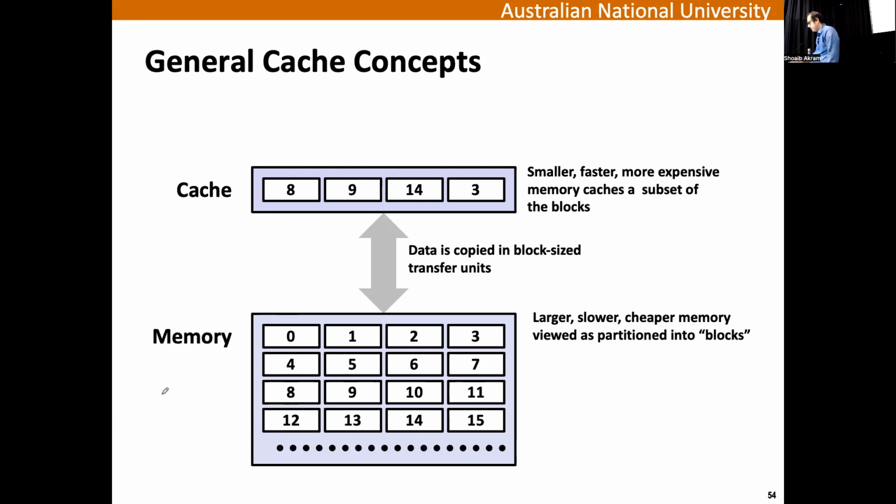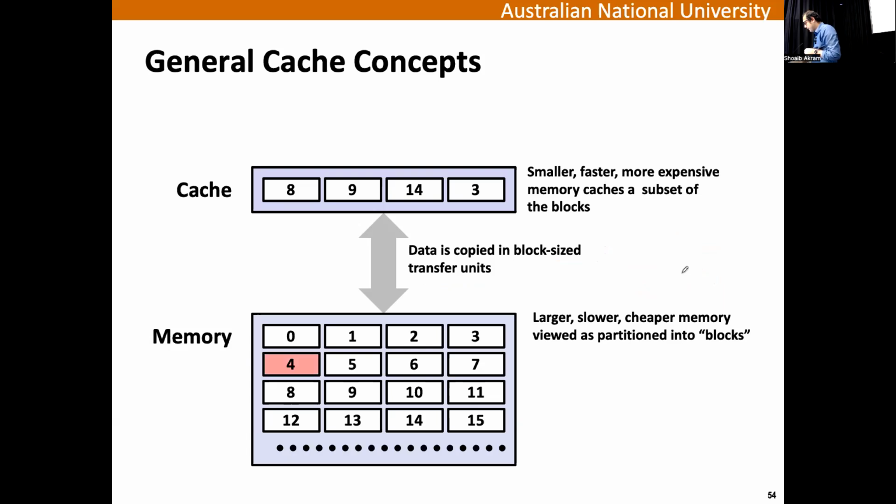Data is copied in block-sized transfer units to exploit spatial locality. The expectation is that if we bring lots of information, the overhead of slow access is amortized, because if the program has spatial locality, we will need all of the things we bring.